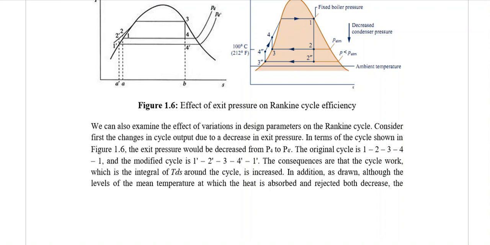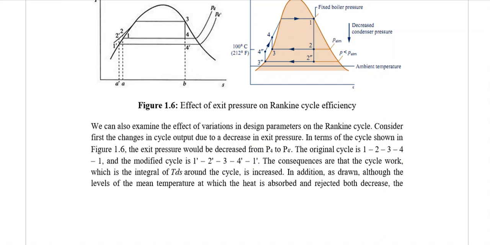In other words, the maximum and minimum temperature at which the Rankine cycle is working is controlled by the inlet pressure and the exit pressure, or in other words, the maximum pressure and the minimum pressure, that is, the pressure of the boiler and the pressure of the condenser.